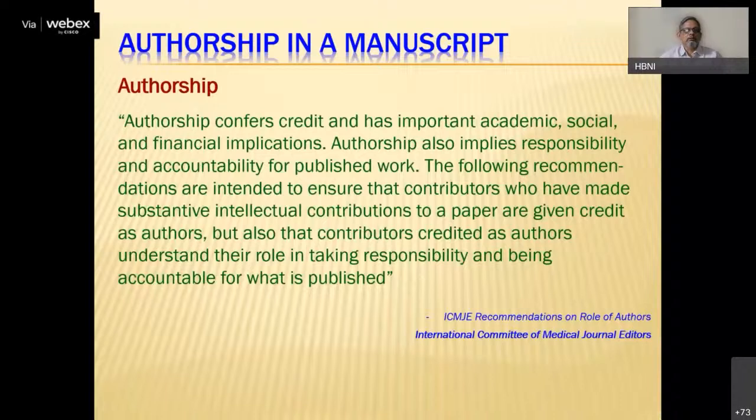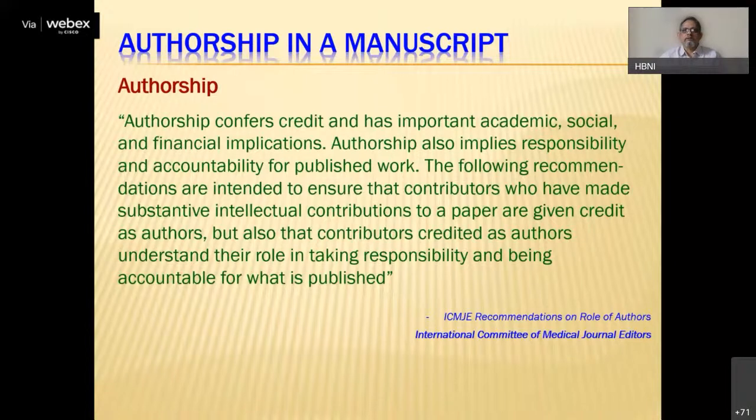The following recommendations are intended to ensure that contributors who have made substantive intellectual contributions to a paper are given credit as authors, but also that contributors credited as authors understand their role in taking responsibility and being accountable for what is published.